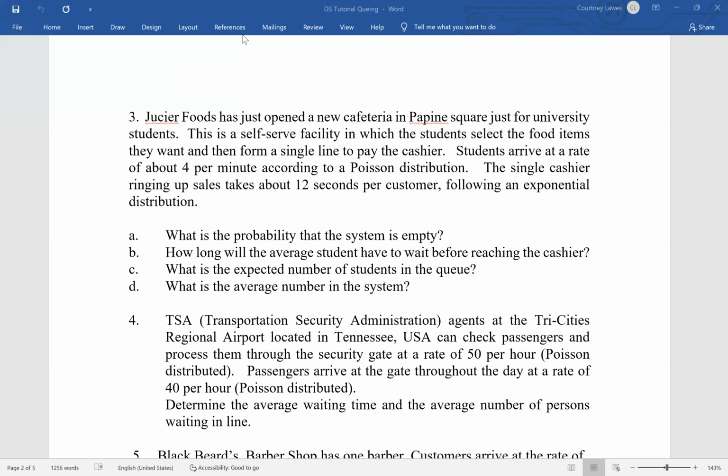Nobody else has got their lambda and their mu. Guys, there's 14 of you in the class. I've only seen 5.